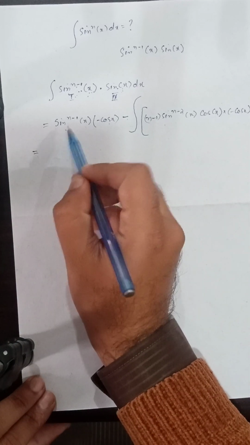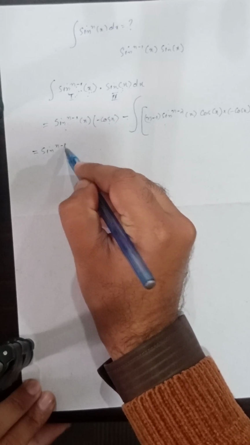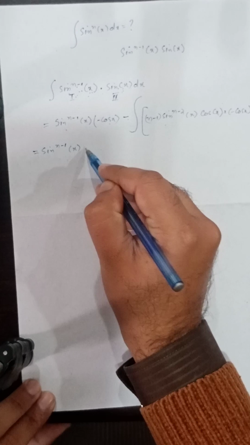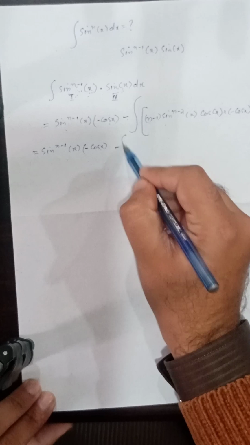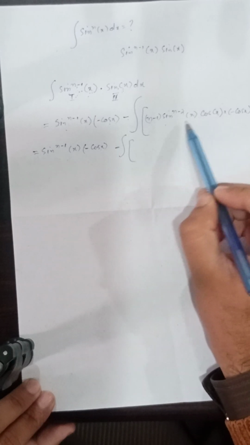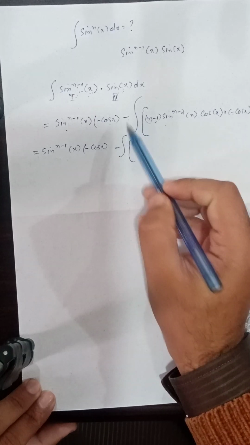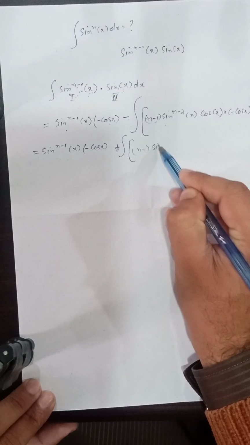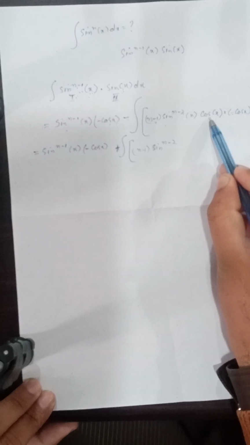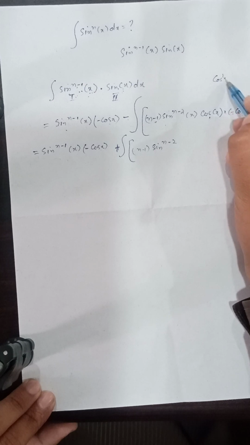So we can now proceed with these equations. It is sine power n minus 1 of x with minus cos of x, minus the whole integral of n minus 1 and minus, we can multiply this minus with this minus, it is plus. So it is n minus 1 sine power n minus 2 of x cos x multiplied with cos x, which is cos square x, and cos square x is equal to 1 minus sine square x.